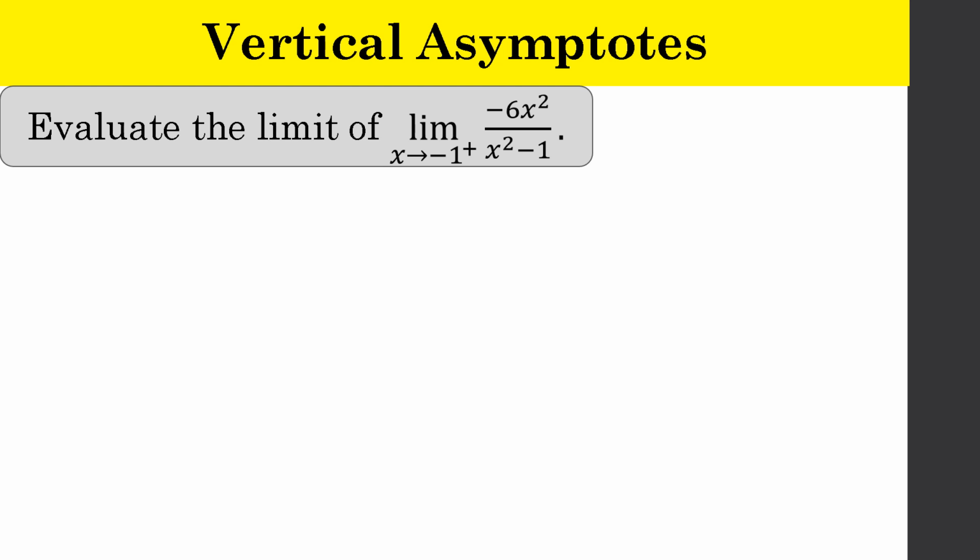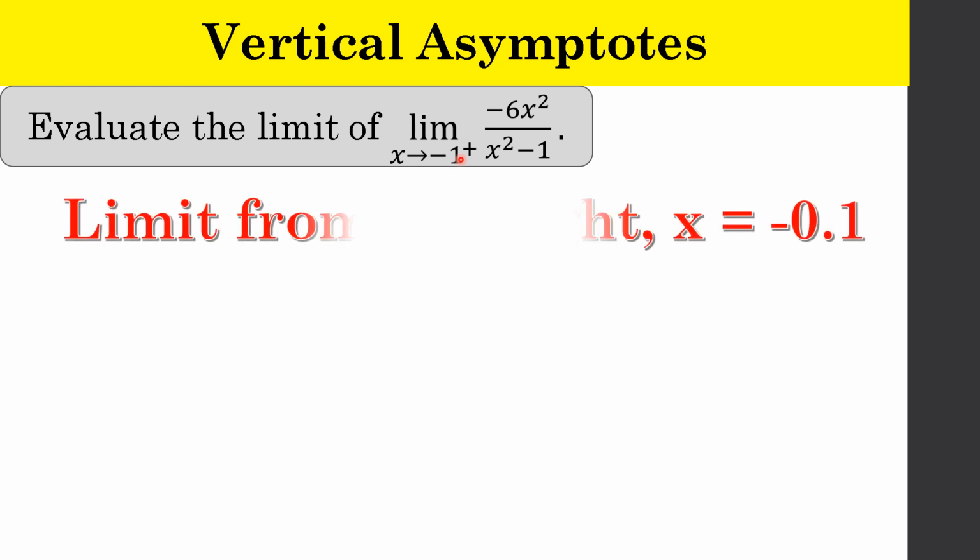Alamin naman natin yung limit ng ating function. In this case, we have x approaches to c positive naman. Titingnan natin yung values ng x which is negative 1 from the right. So we have limit from the right.